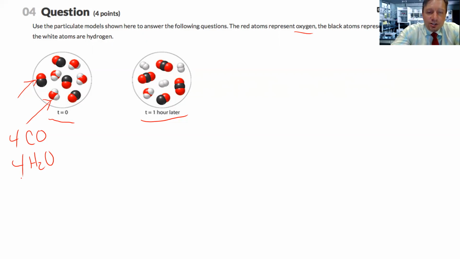1 hour later, let's look at what I have here. So now right here is H2. So I have 3 H2s, hydrogen gas. I have some carbon dioxide, which I count here. I've got 3 of them, 3 CO2.